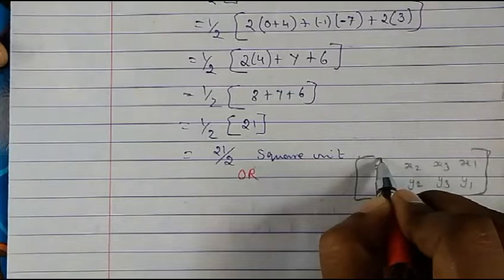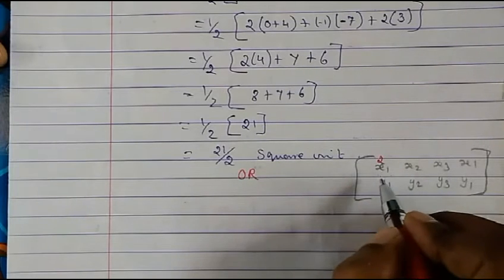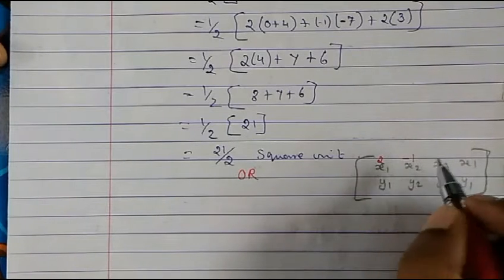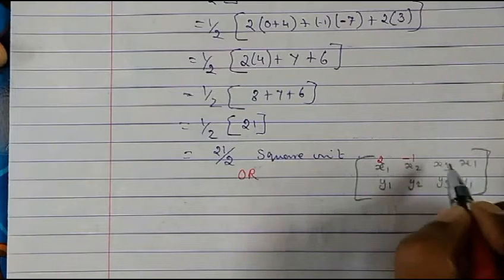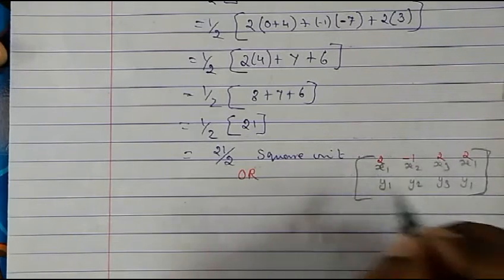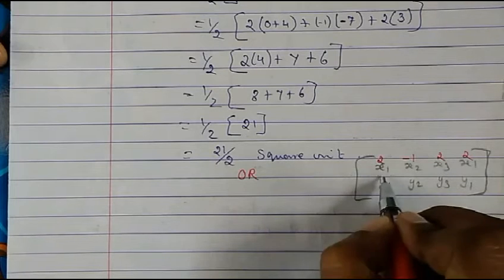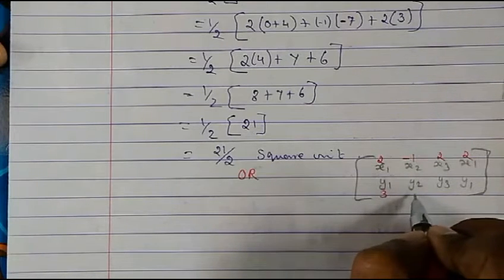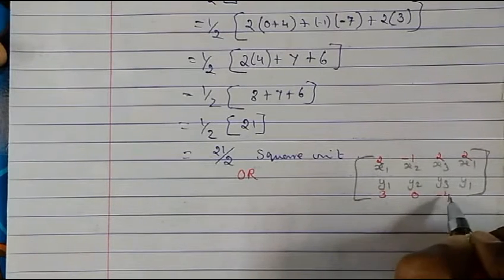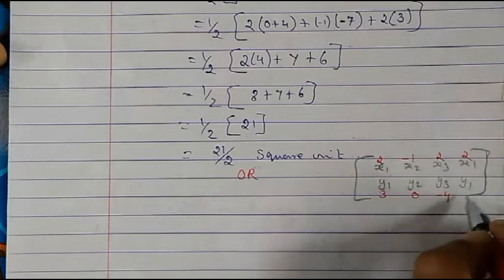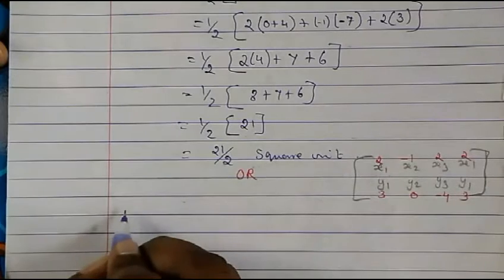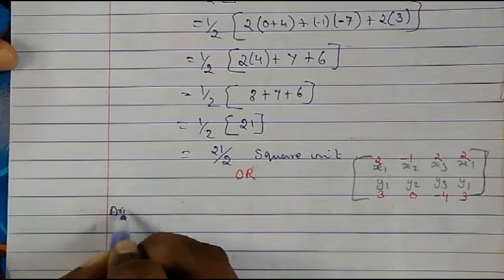Then x1 value is 2, x2 is minus 1, x3 is 2, x1 is 2. So you can write down the values. y1 is 3, y2 is 0, y3 is minus 4, y1 is 3. Like this you can write down.